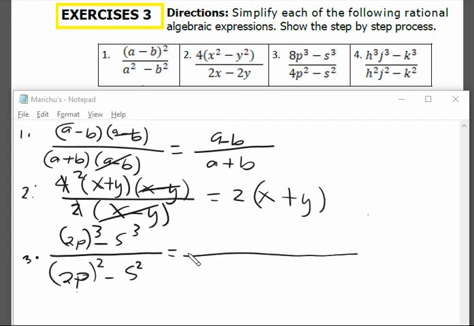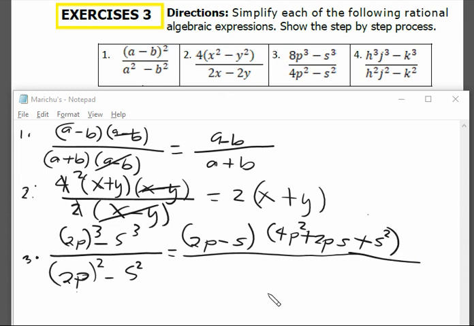Applying the special product, this one is 2p minus s times quantity 2p squared is 4p squared plus 2p times s, that's 2ps, plus s squared.